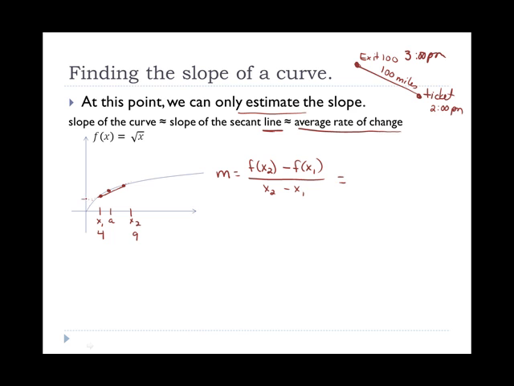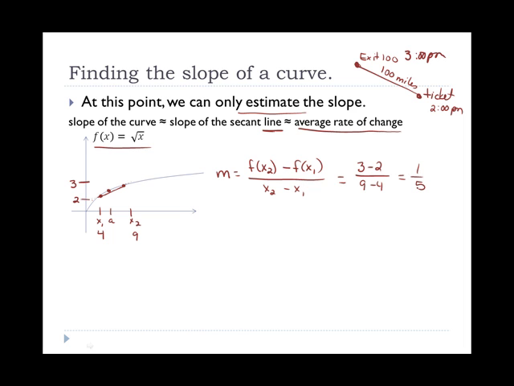And to find those y values, we simply have to plug into the function square root of x. So the square root of 4 is 2, and the square root of 9 is 3. So our slope is 3 minus 2 over 9 minus 4, which is 1/5. So the slope of that line is 1/5.